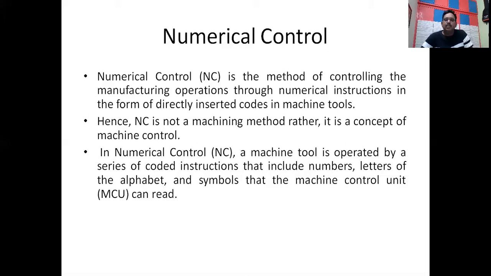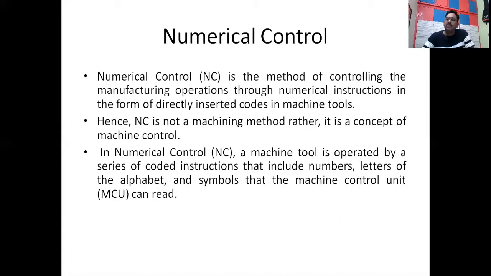That means the machine is operated not by a human operator, but by a series of coded instructions. Earlier, the operator used to perform the operations. That means he himself gave the instructions, and not only that, he did the work with his own brain.